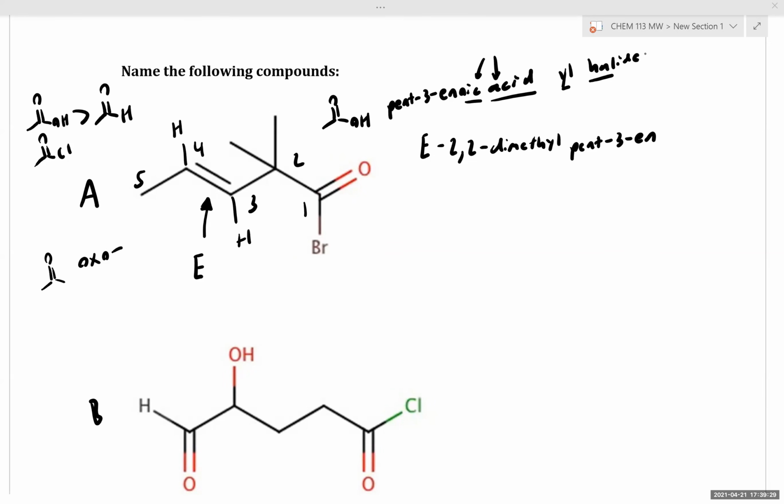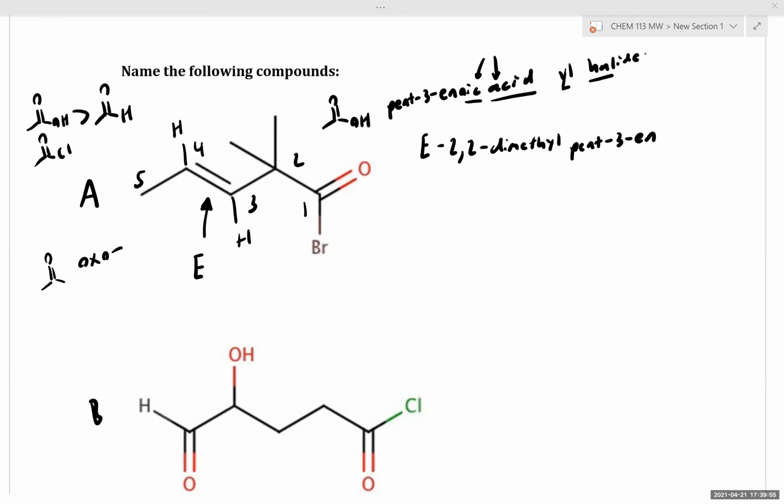So 2,2-dimethylpent-ene, and then how do we write the end for this? How do we revise the end for this name? So it would be pent-3-enoic acid, but because we're dealing with an acyl halide, would anyone like to write out the name? So we replace the IC acid ending with YL followed by the halide name.